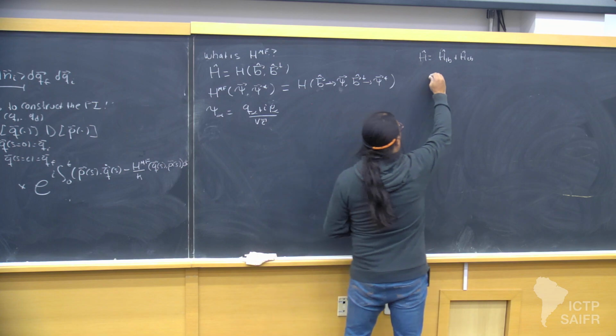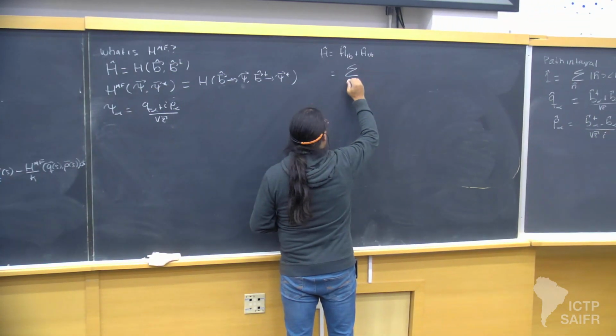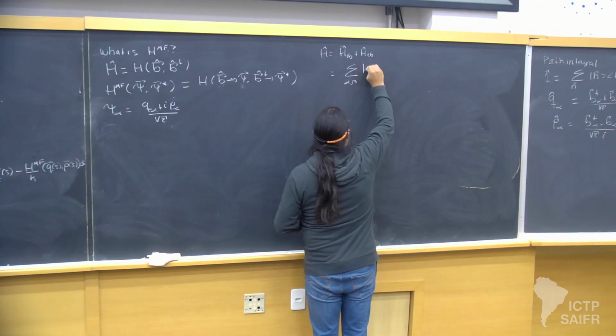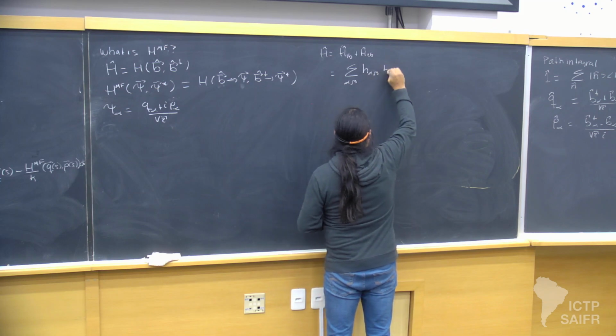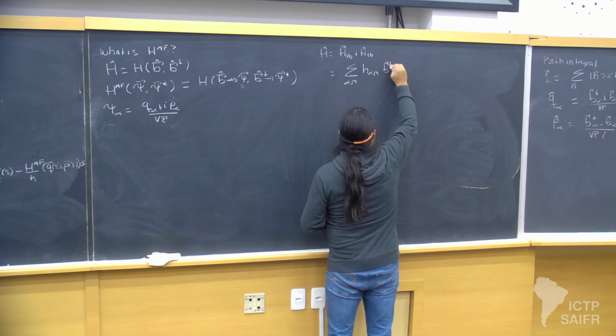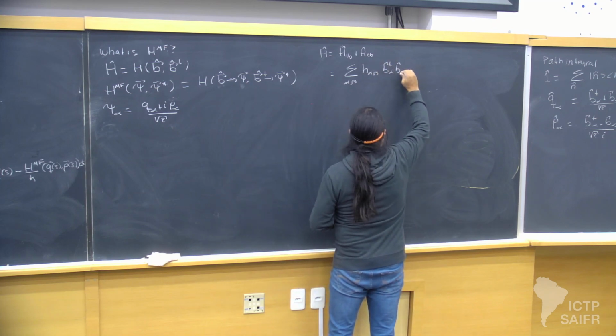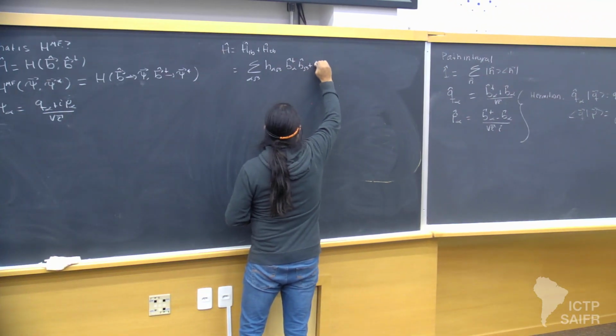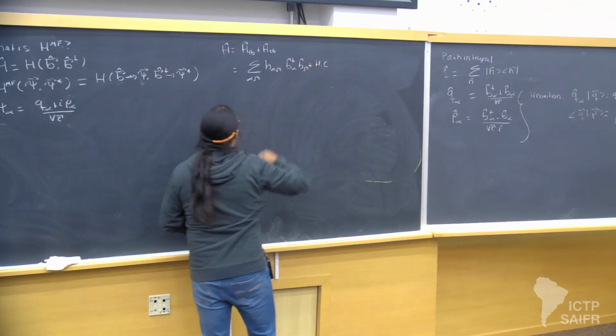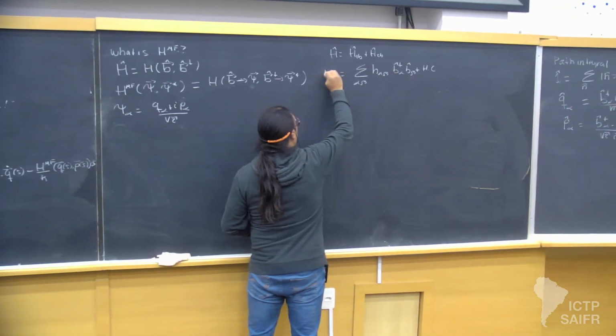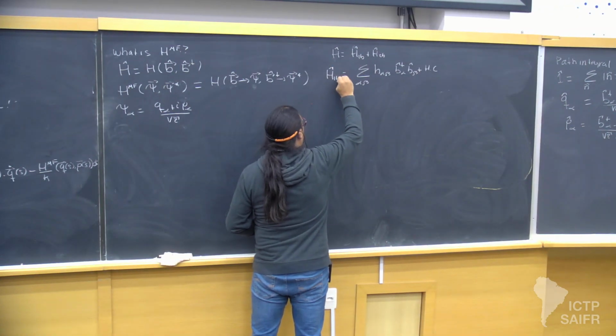And the one body part was this sum over alpha beta, H alpha beta, B dagger alpha B beta plus Hermitian conjugate. Let me focus on that for the moment, the one body.